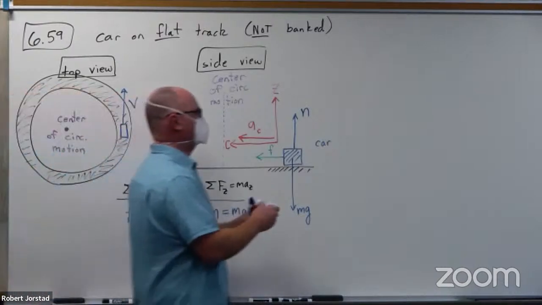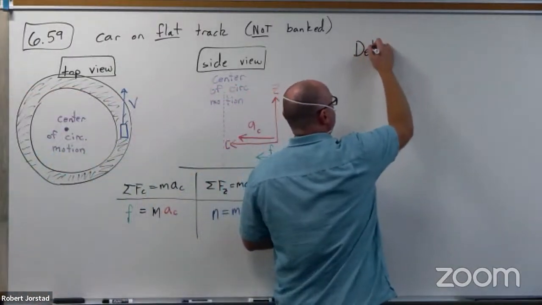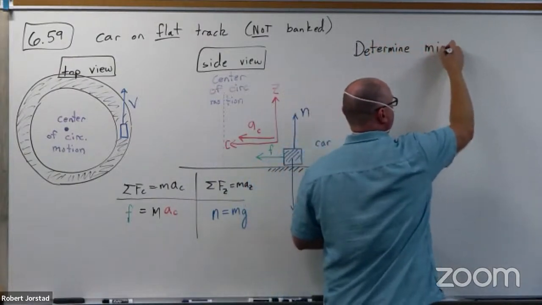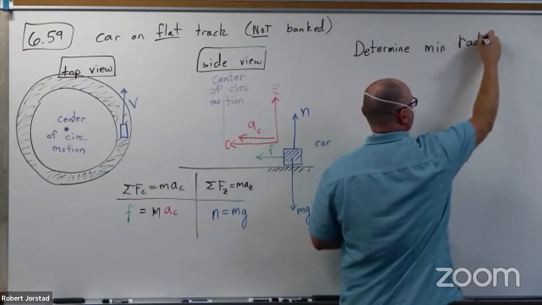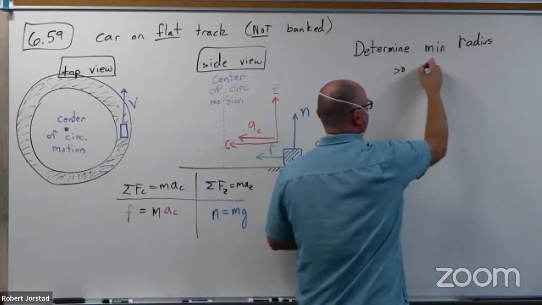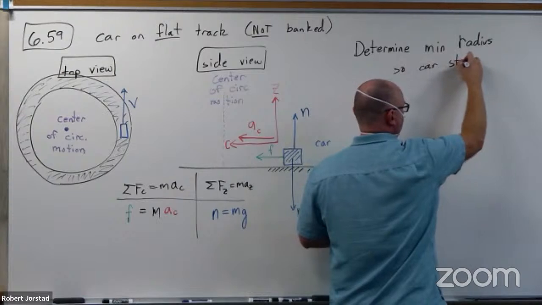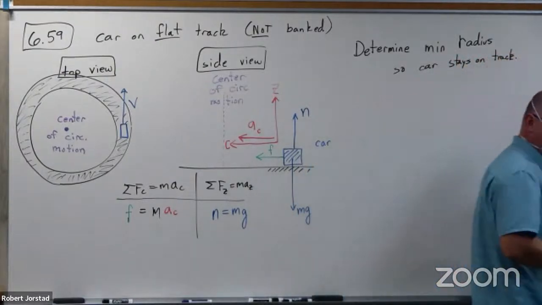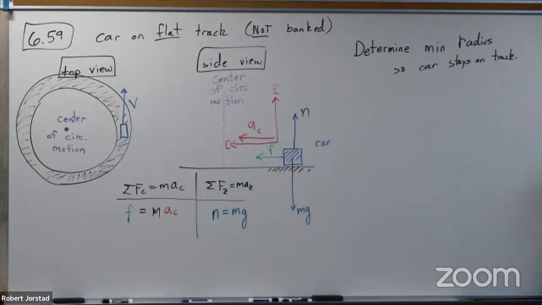So, determine the minimum turn radius. I'm trying to find the minimum radius so the car stays on the track.